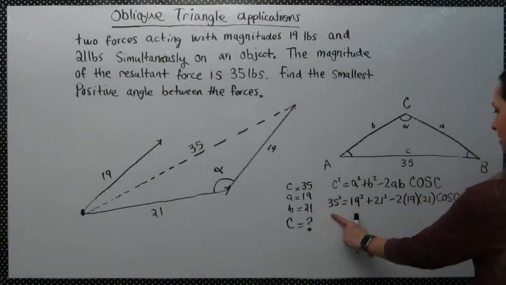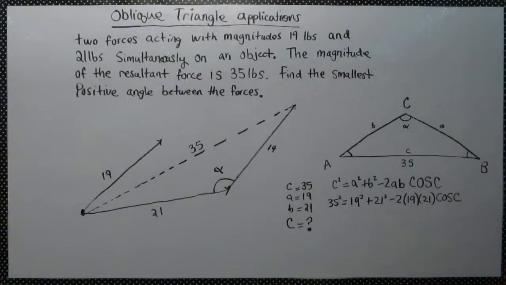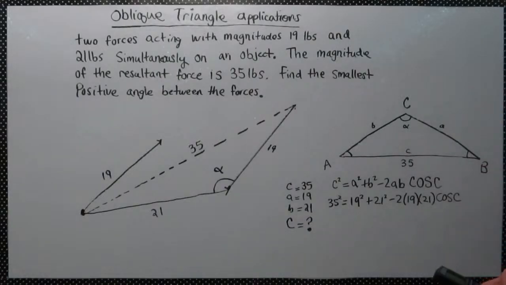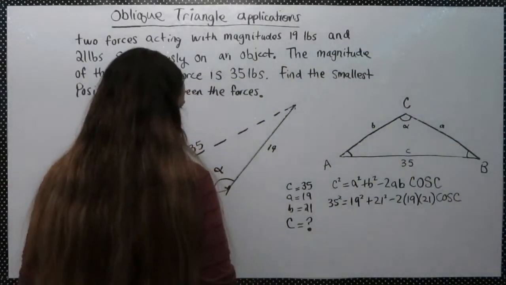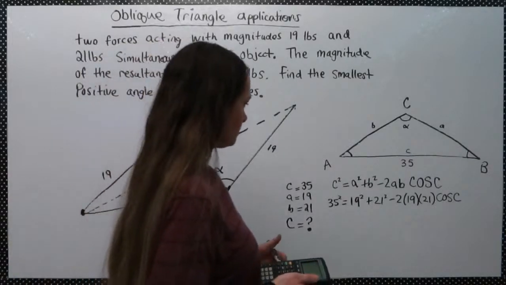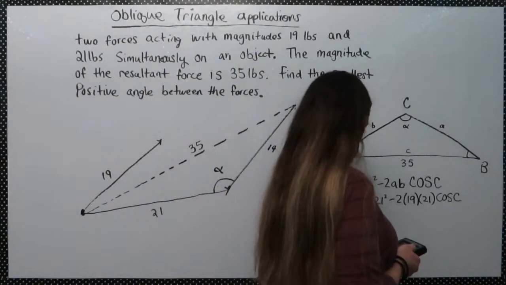So what we're going to do is use order of operations and a little bit of algebra, and solve for cosine c. So get my calculator out. We've got 35 squared, that's 1225.